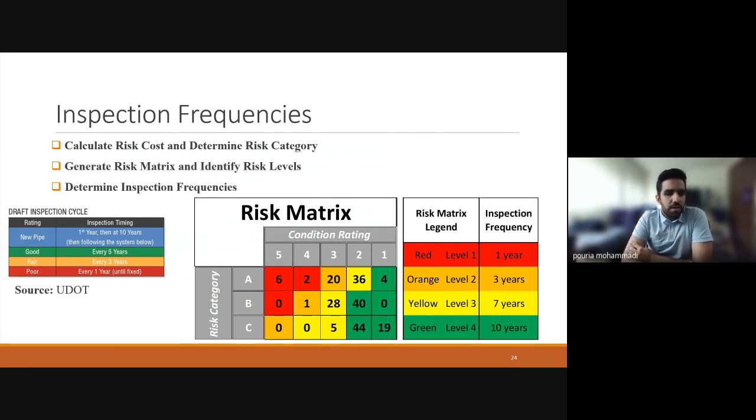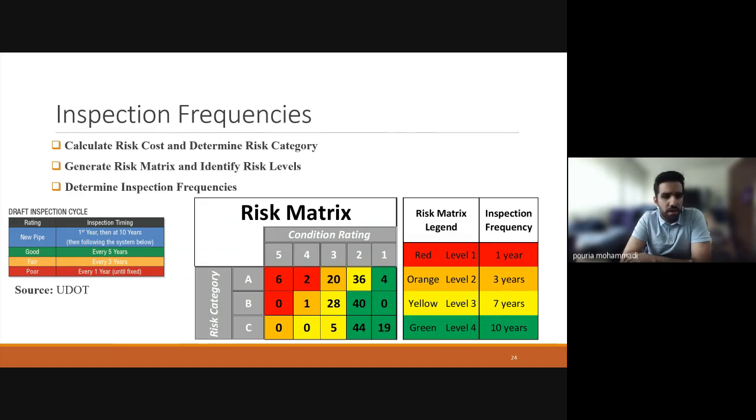Finally, we multiply the likelihood of failure by the consequence of failure to estimate the total risk for each culvert. Based on the risk value that we found, we could assign different risk categories from A, B, C, and next action. Then with the risk category and condition of the culvert, we can generate the risk matrix to find out the risk level of each culvert.